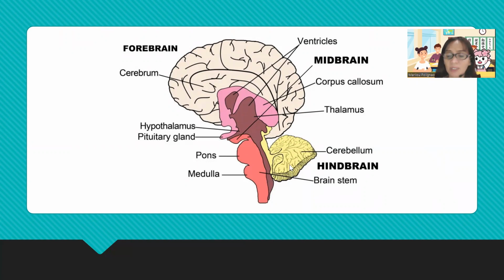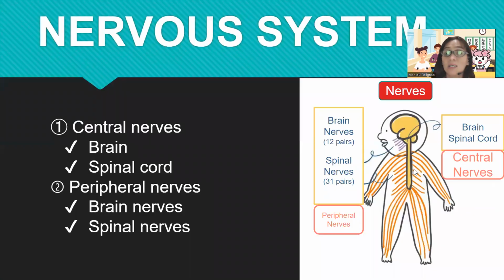Okay, meron po tayong about sa ating brain nerve cells or mga brain pairs. Okay, dito sa ating brain pairs, yan na po yung binubuo ng yung kanina sa ating cerebrum, encephalon, mesencephalon, and pons, and cerebellum, and medulla oblongata.